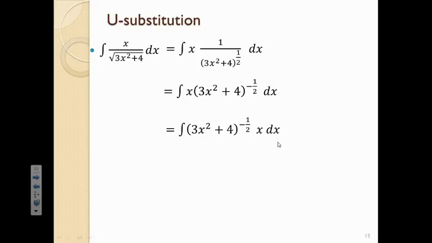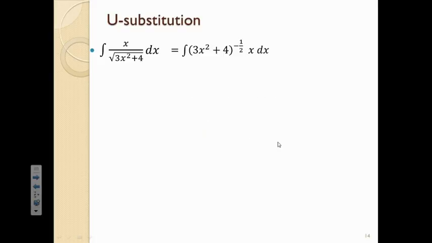So I'm just going to move this up to save a little bit of space, and now we can do the integral of this. We know that the derivative of 3x squared is going to be 6x. Well, this is not 6x, but x is a part of 6x, so we can use u substitution.